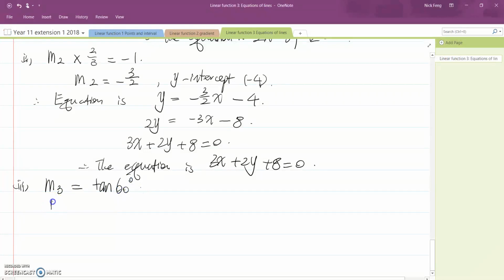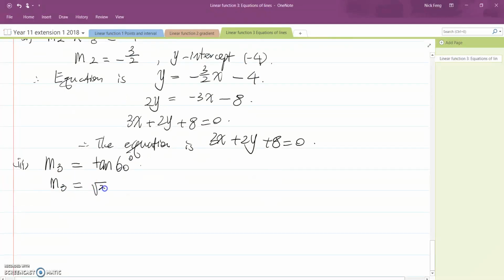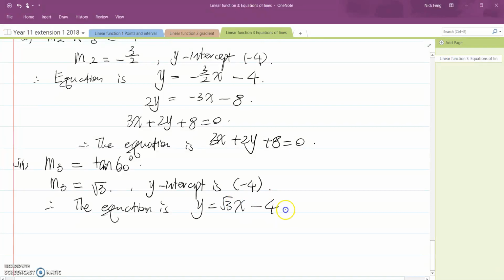And if you know the exact value from last year, or if, well, you better not use a calculator, this is just √3. And do remember, we are given the y-intercept, which is exactly the same as before, -4. Therefore, the equation is y equals √3 x minus 4.